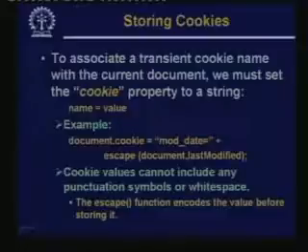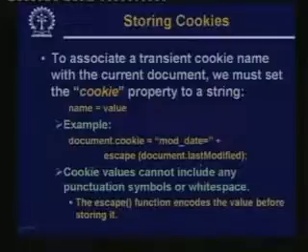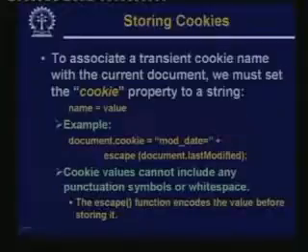Here actually I am trying to store a cookie which will store the modification date of the document in a cookie whose name is mod_date. Now, the actual last modified value of the document can be retrieved from the lastModified attribute of the document, and the purpose of this escape function is to remove all spaces and special characters from this last modified string, because one thing is to be remembered, that a cookie value cannot include any punctuation symbols or white spaces.